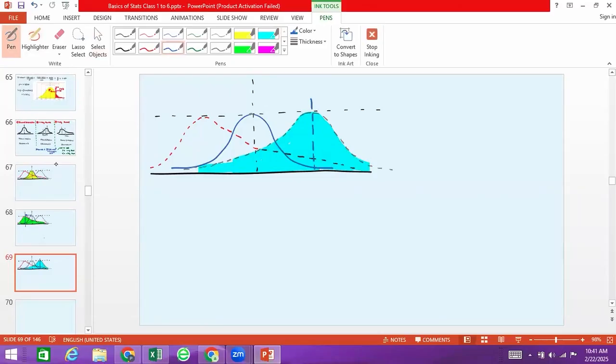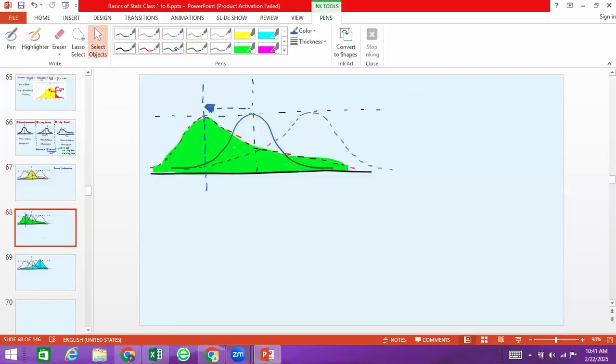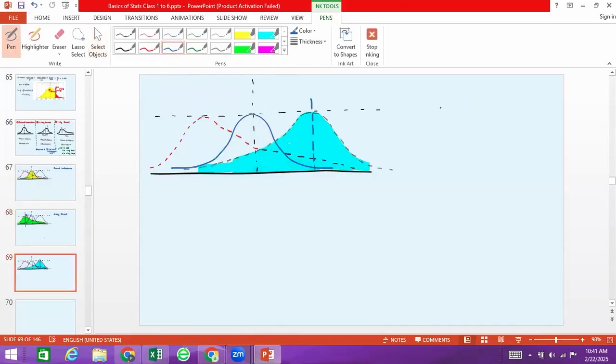So this is first of all normal distribution, this is positively skewed, and this is negatively skewed.